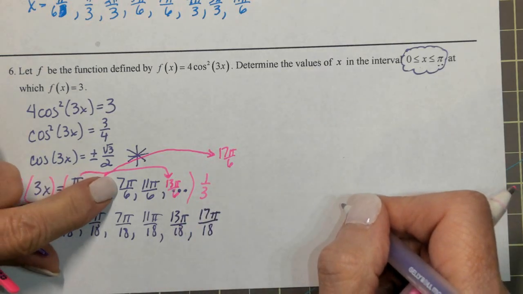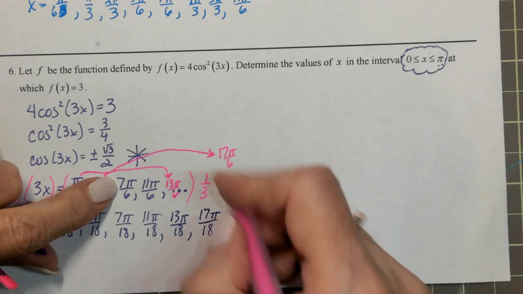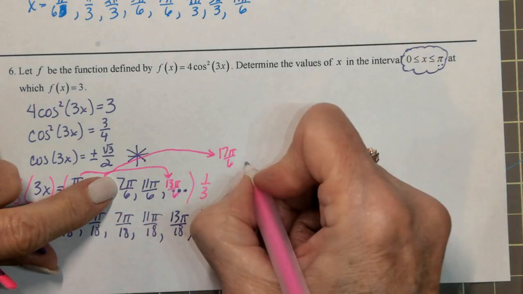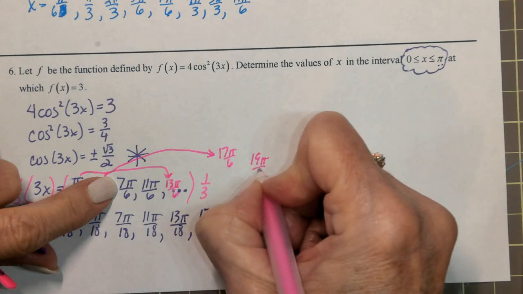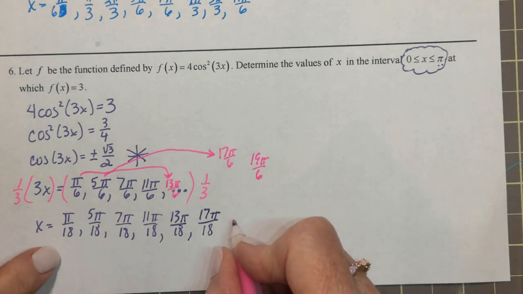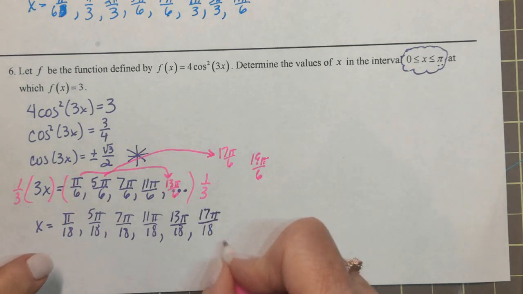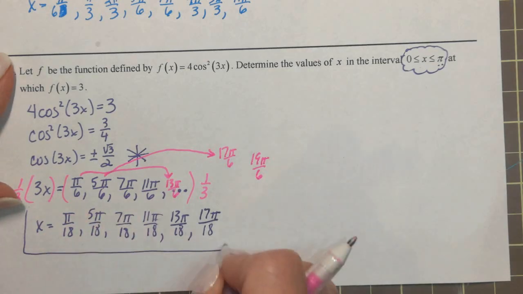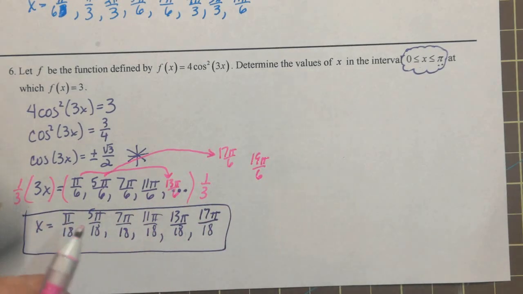What would happen if we went one more? If we went one more, adding 12 pi over 6, we would get 19 pi over 6, right? When we multiply by a third, that's going to take it over pi. So these are our answers for that problem.